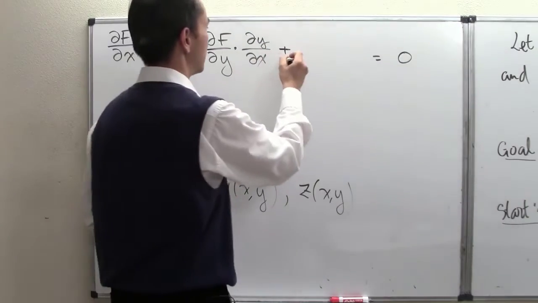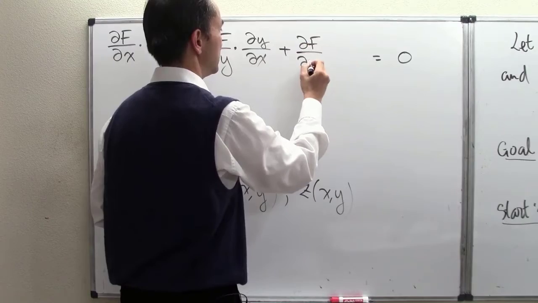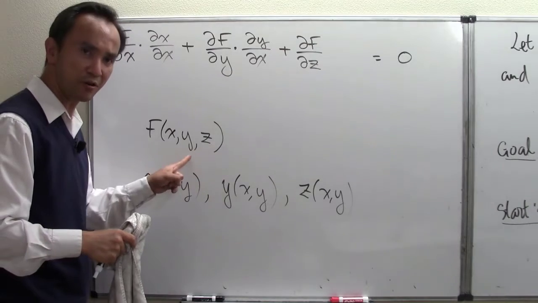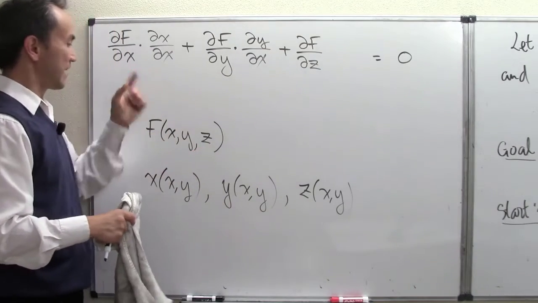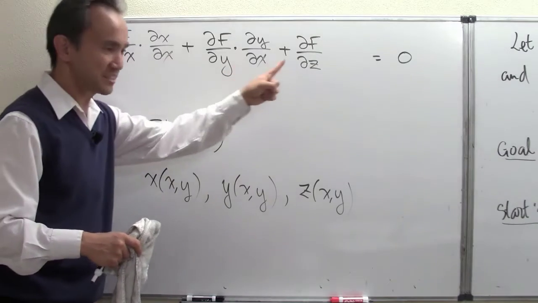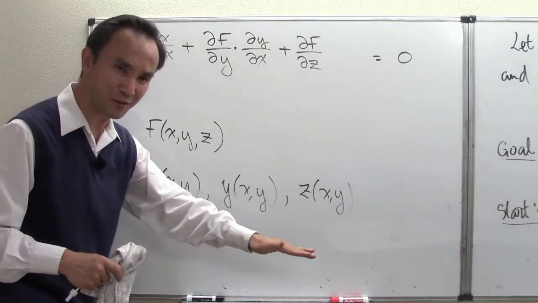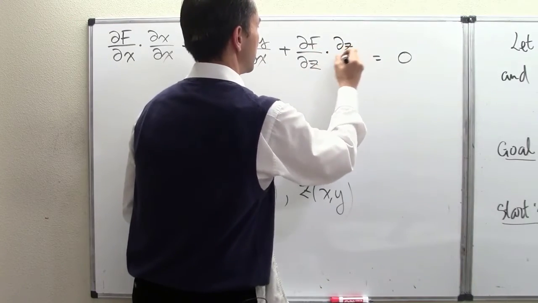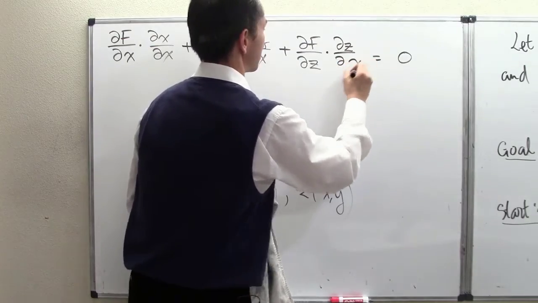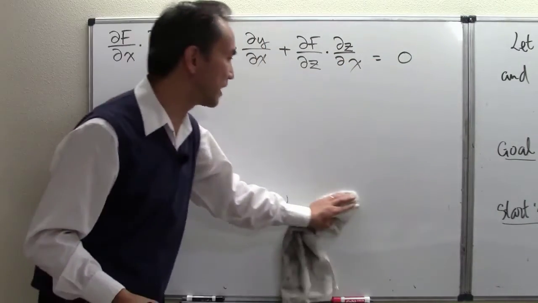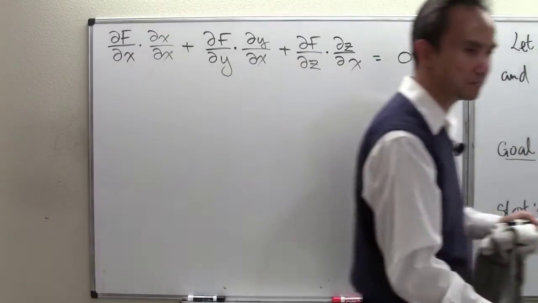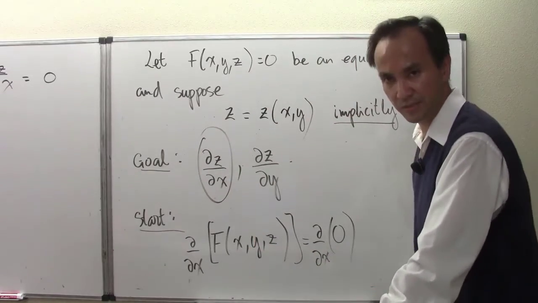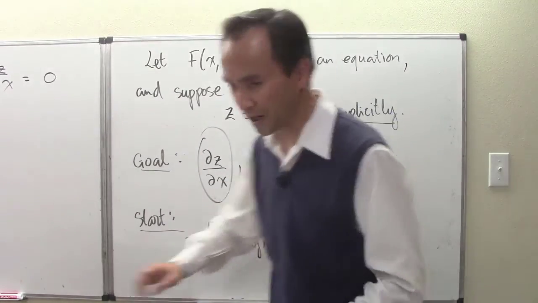And the last one here is dF/dz. So these x, y, and z here, they are the outer level variables, and then these x and y here, they are the inner level variables. Now that multiplied with dz/dx. All right, and so far I'm trying to obtain this dz/dx right there. Okay, and so that's my starting point.